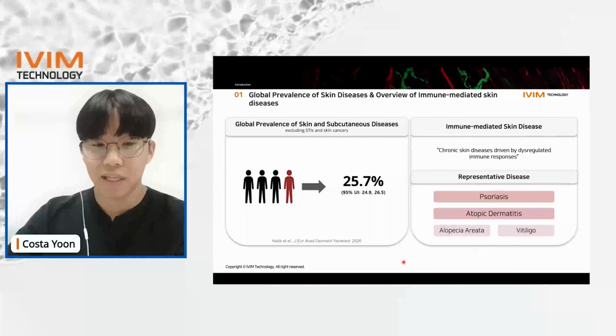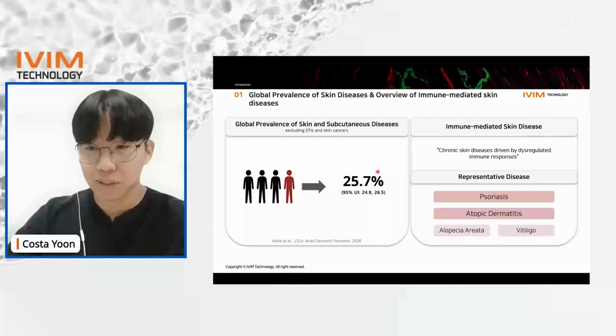Skin disease affects about 25.7% of the global population, roughly 1 in 4 people. Among these, immunodermatological diseases are caused by dysregulations of the immune system. They represent a major group of skin disorders associated with a substantial chronic burden and long-term treatment needs.